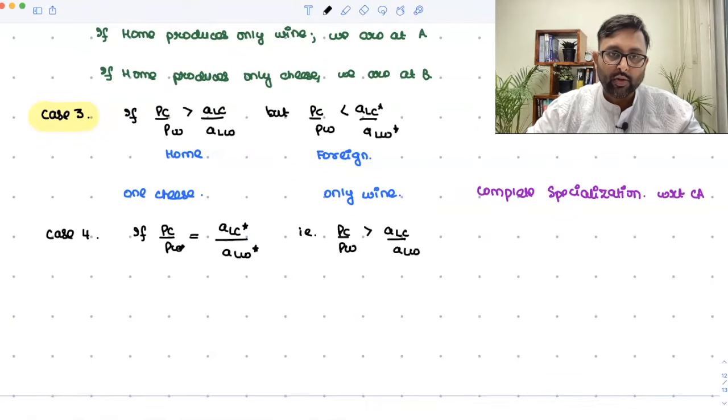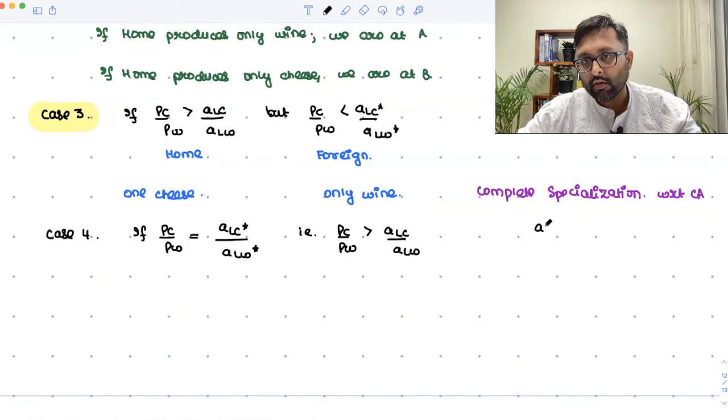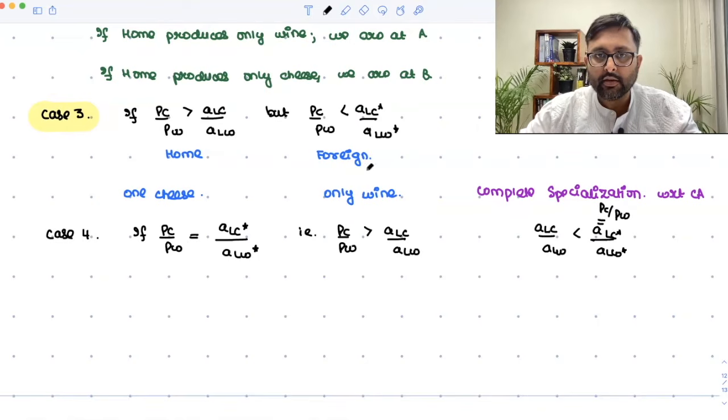Guys, you are saying ALC by ALW is less than ALC star by ALW star. So if PC by PW is going to be equal to this, definitely it is greater than ALC by ALW.